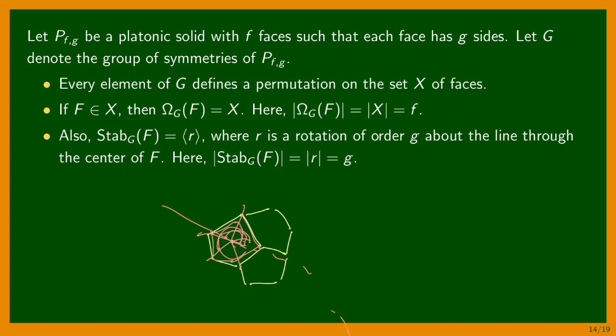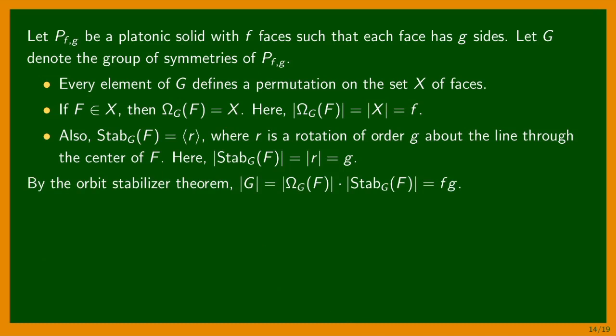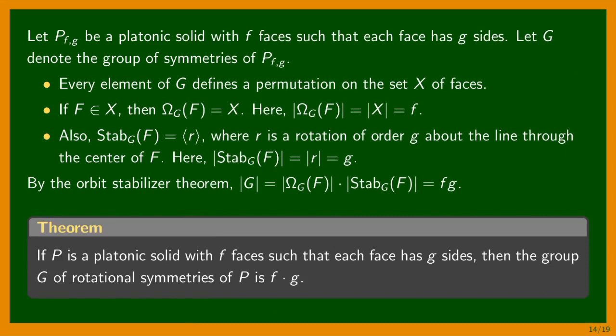Therefore, the number of elements in the stabilizer is the same as the number of sides in a face, which is G. Hence, by the orbit-stabilizer theorem, the number of elements in the group of symmetries is just F times G. So that means for a Platonic solid, nalaman natin kung ilang symmetries by just counting the number of faces and the number of sides in each face, multiply mo sila, just the total number of elements in the group of rotational symmetries.